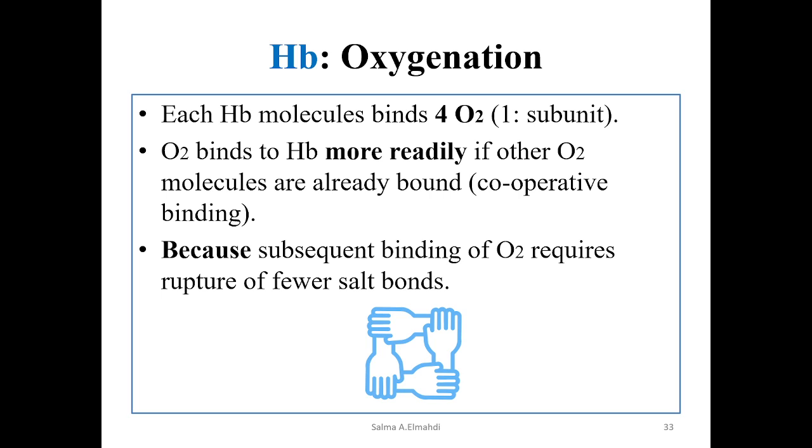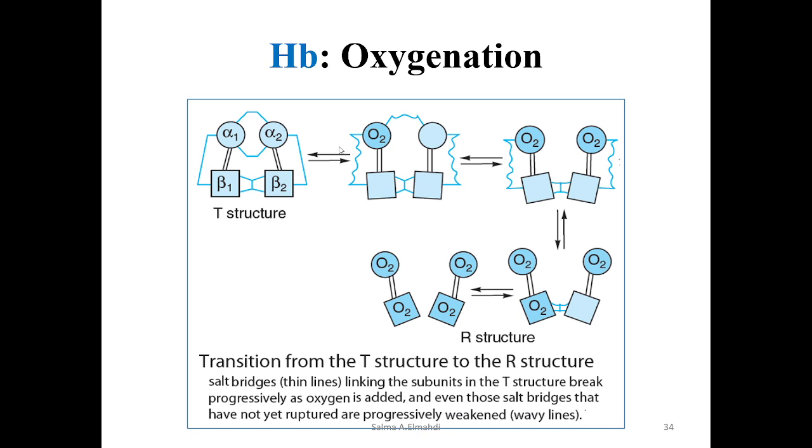When the first oxygen is entering the hemoglobin molecule, it is faced with the task of breaking all the present salt bridges. And when they are sequentially being broken, binding of subsequent oxygen molecules will be much easier.